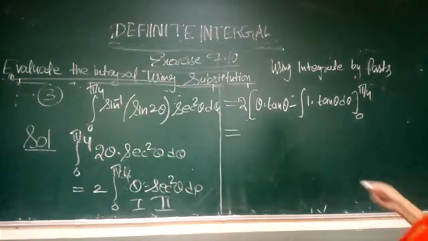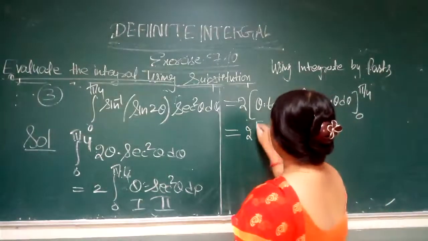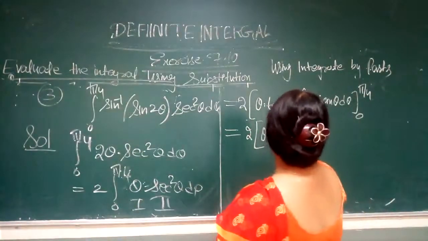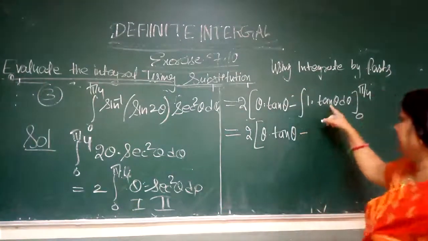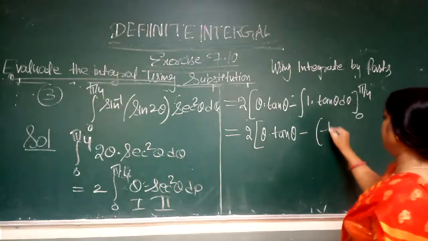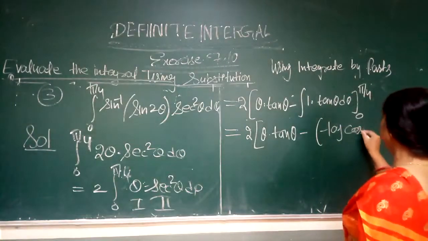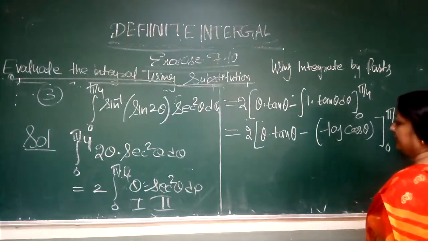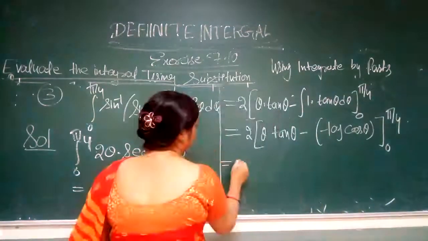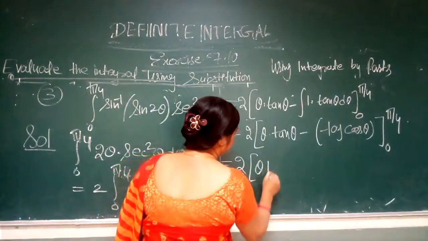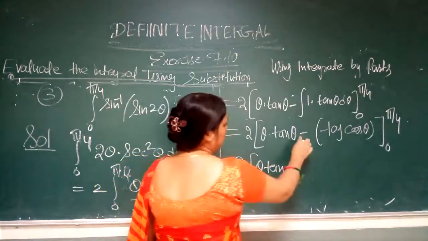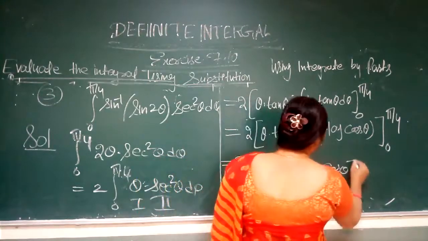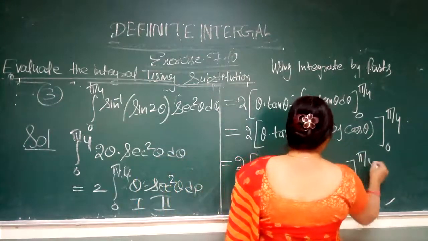Now after that it will come 2 into theta tan theta as it is, and integration of tan theta is minus log cos theta and limit 0 to pi by 4. After that it will come 2 into theta tan theta minus minus plus log cos theta, limit 0 to pi by 4.